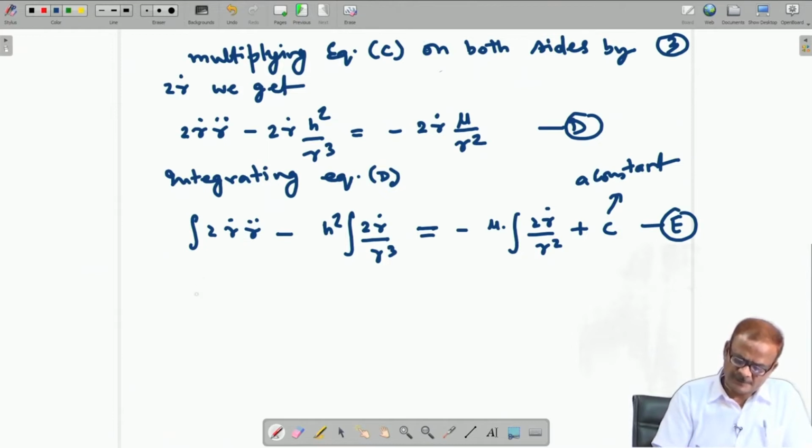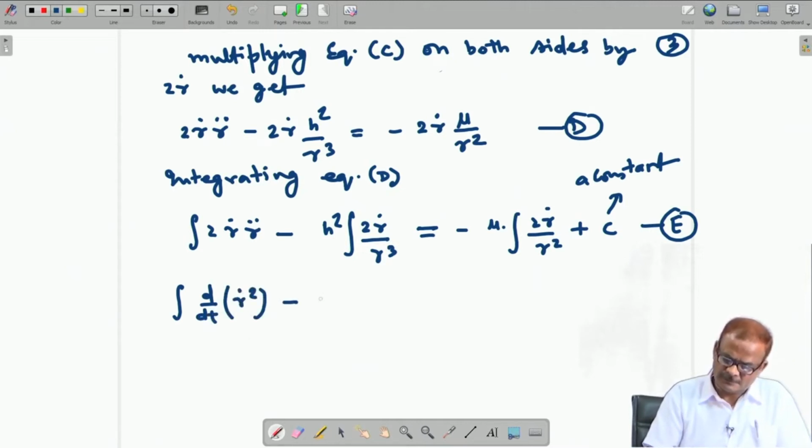If we integrate it, as I told you, we can write this as d by dt of r dot square, minus h square times d by dt of 1 by r square.